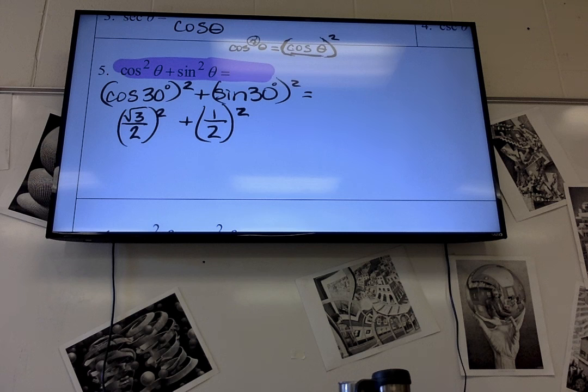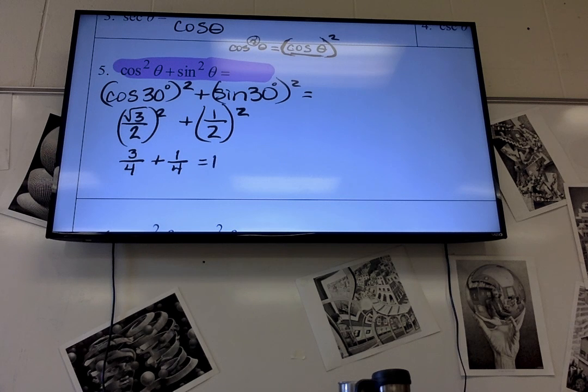To square a fraction, you just square the top and the bottom. So the square root of 3 squared is 3, and 2 squared is 4. 1 squared is 1, and 2 squared is 4. So what's 3/4 plus 1/4?